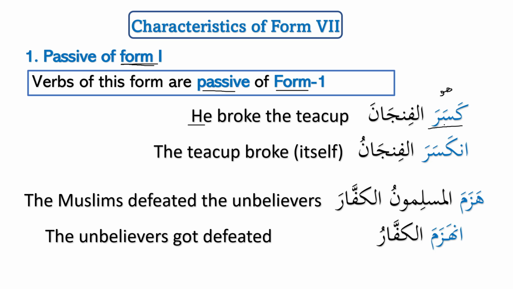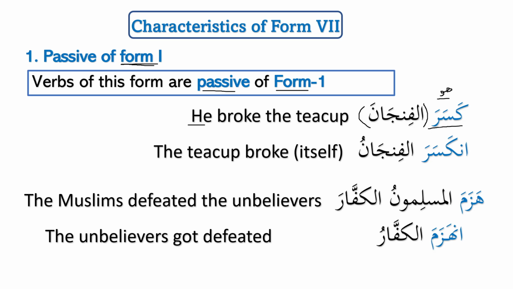We know that in the past tense, form number 1 already has a damir, called mustatir, the hidden one. So huwa is fa'il, kasara is the verb, and al-finjana is maf'ul bihi, the receiver of the action.